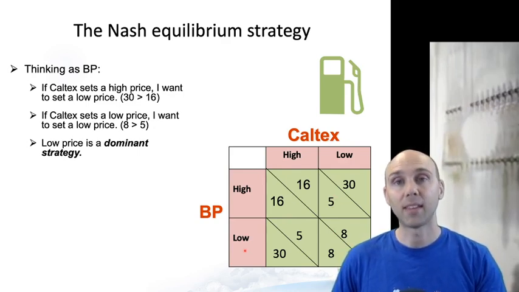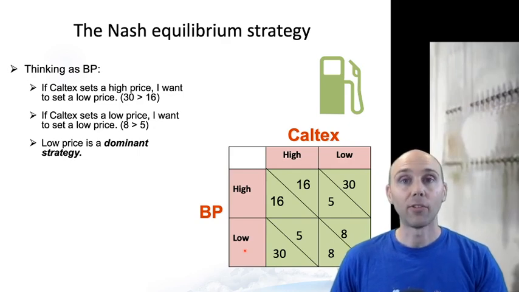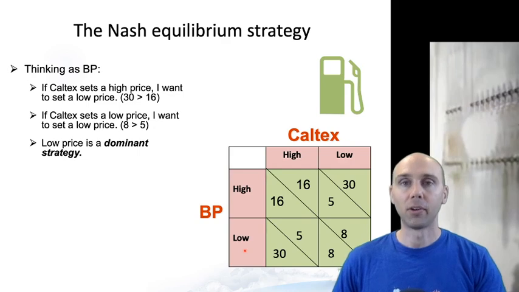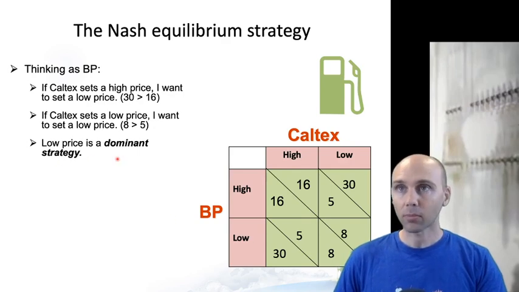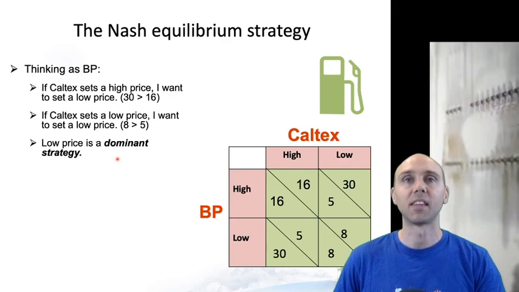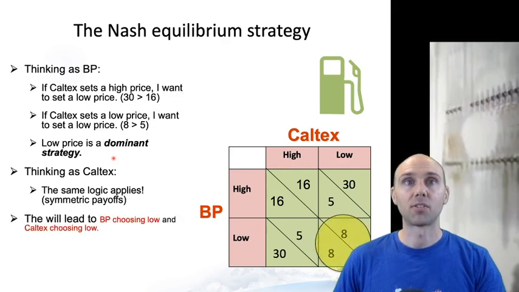Just as in the grade game, choosing alpha is always the better choice if you care only about your own grade. So here we would say that low price is a dominant strategy. But everything's symmetric in the game, so we can assume that Caltex is thinking exactly the same way. If Caltex is thinking the same way, then low is also a dominant strategy.